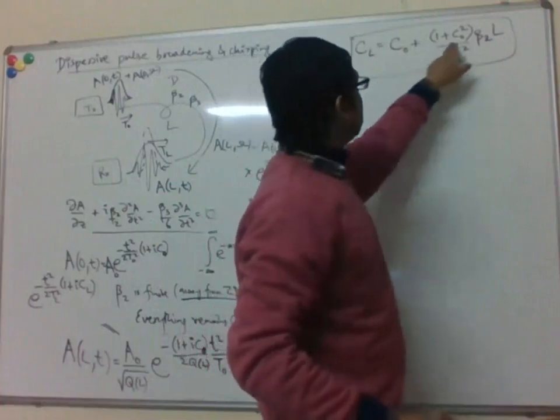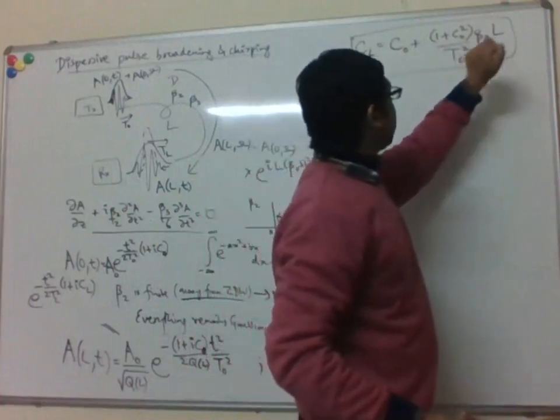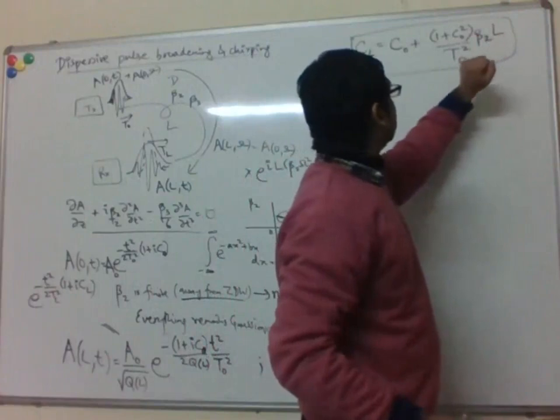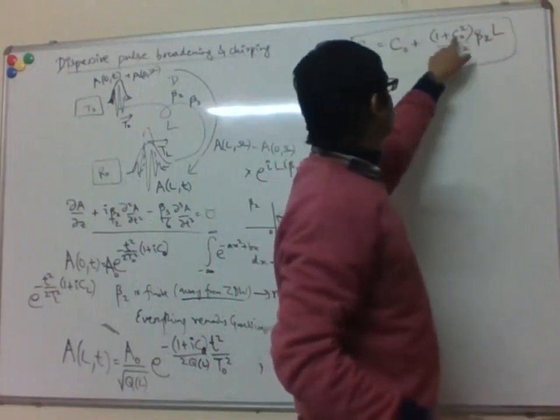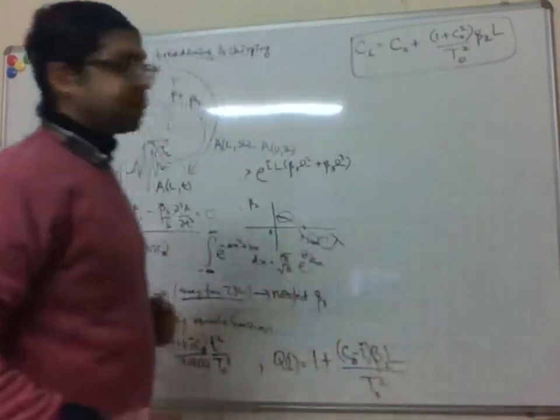Right, so it depends on, of course, the fiber parameters, the GVD coefficient, and the length, but it also depends on the input parameters, the input chirp and the input pulse width.